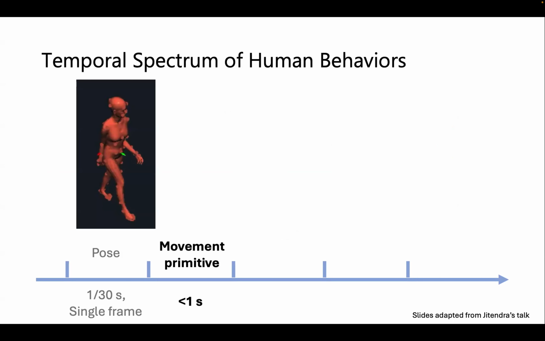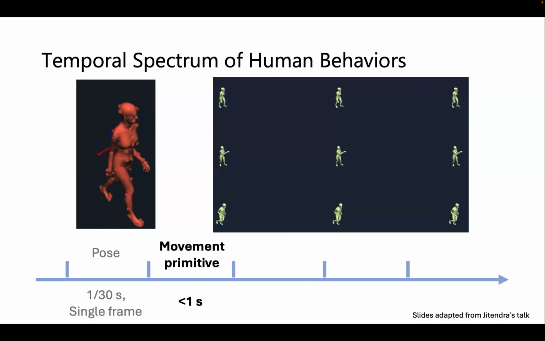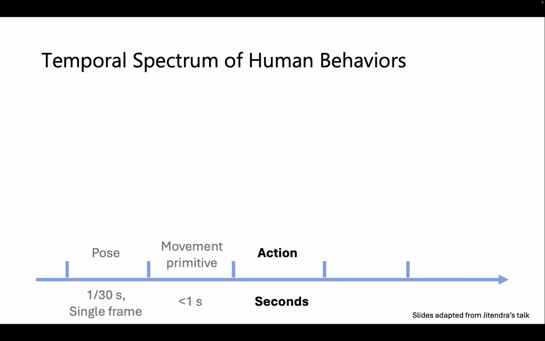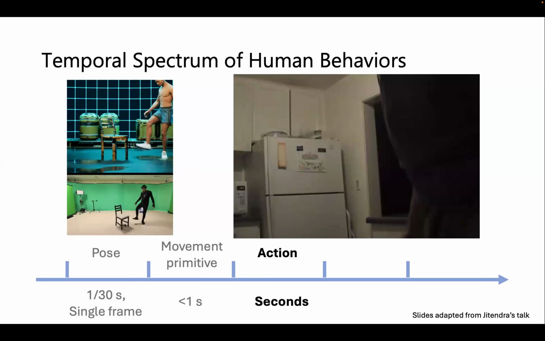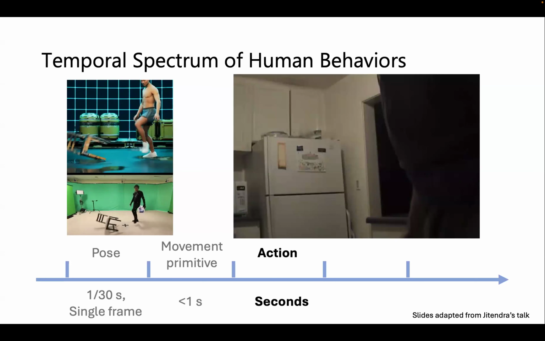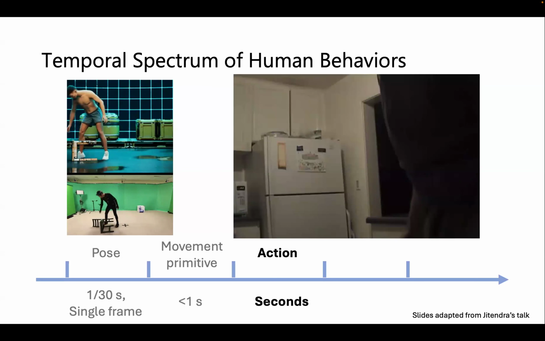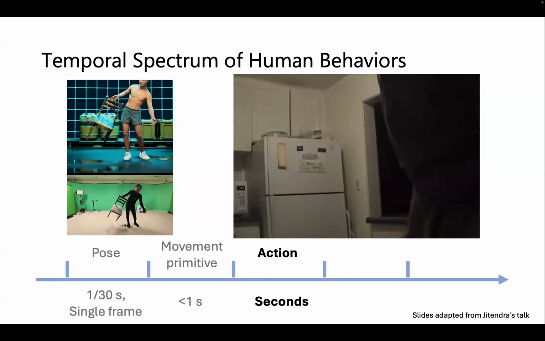Here I want to show you a motion primitive. The next level is action, which contains a few seconds. Recent diffusion-based motion modeling works on around 100 to 200 frames of motion, probably around this level, describing an action.